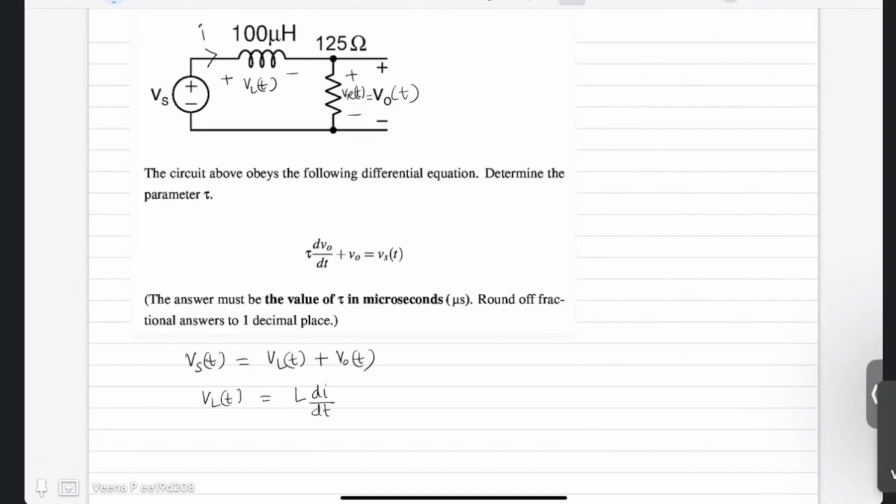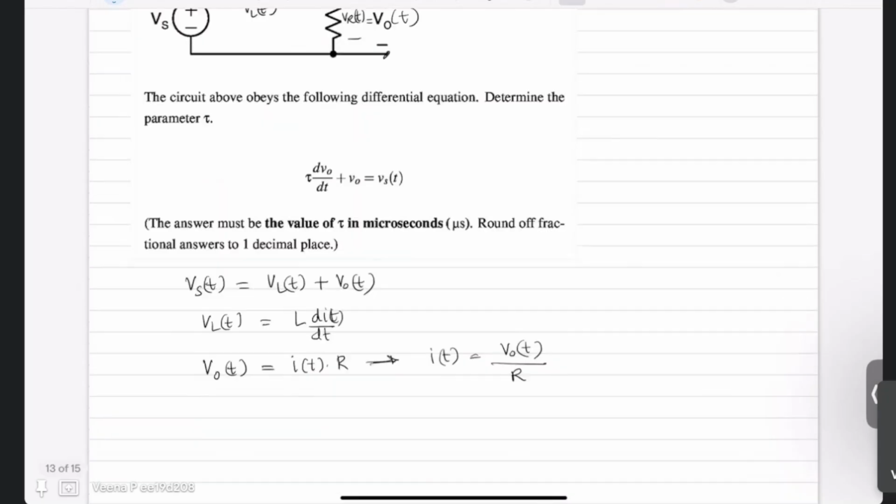The same current flows through your resistor because this is open circuited. That means your V naught of t is nothing but I of t times R. I am also expressing I as a function of time. That means what is your I? Your I of t is nothing but V naught of t by R.